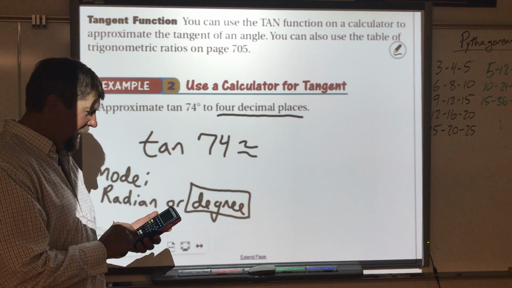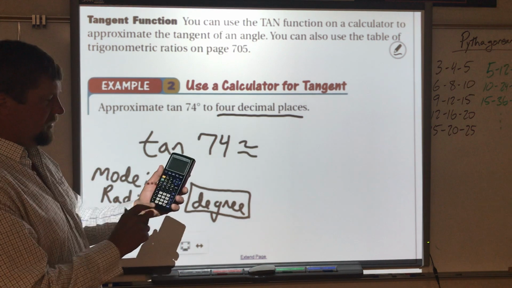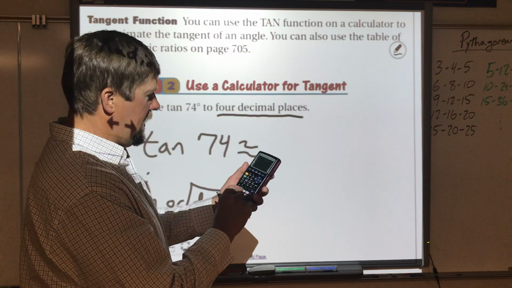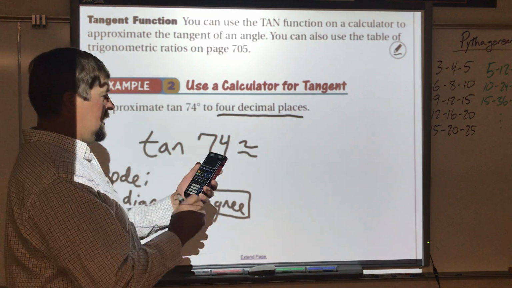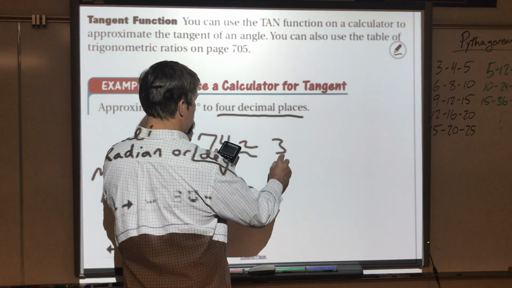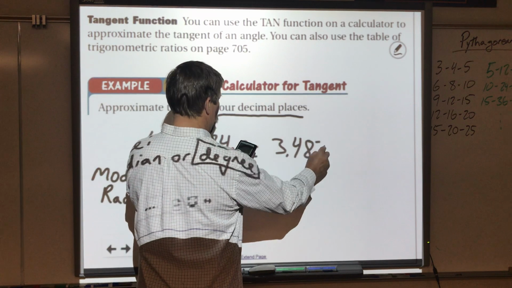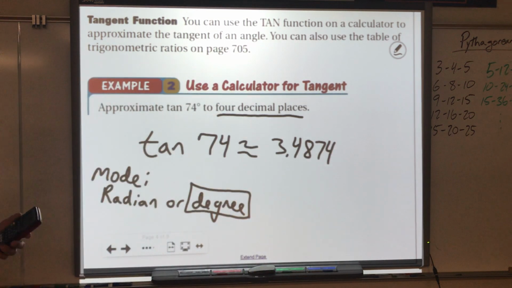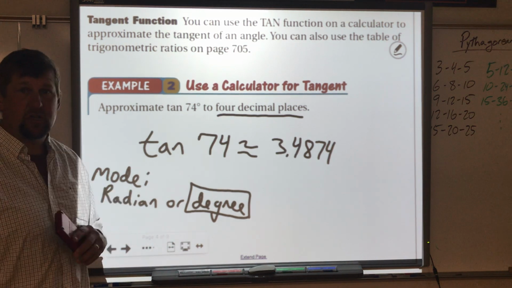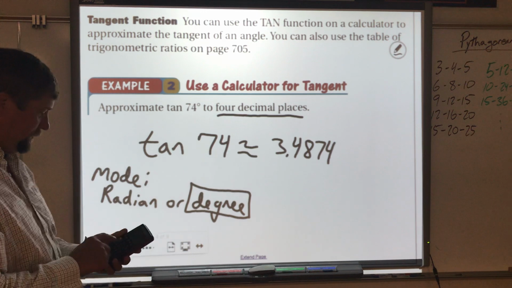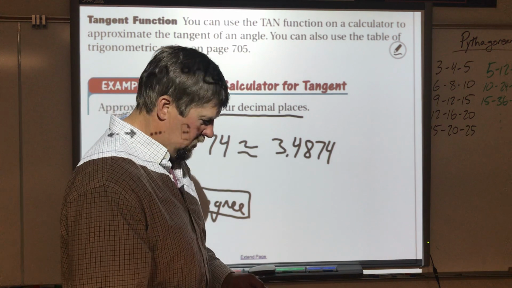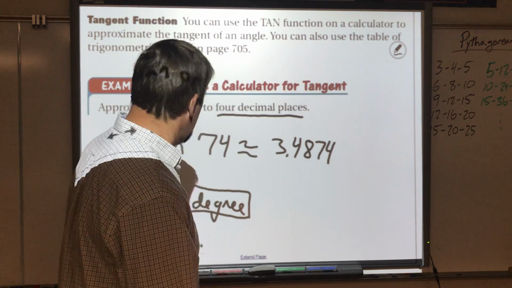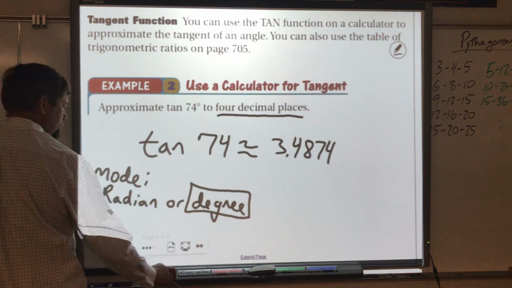Now when you go back and find the tan button of 74, it should be 3.4874 in 4 decimal places. If you had it in radian mode, it's going to be incorrect. So you have to change the mode on your calculator.